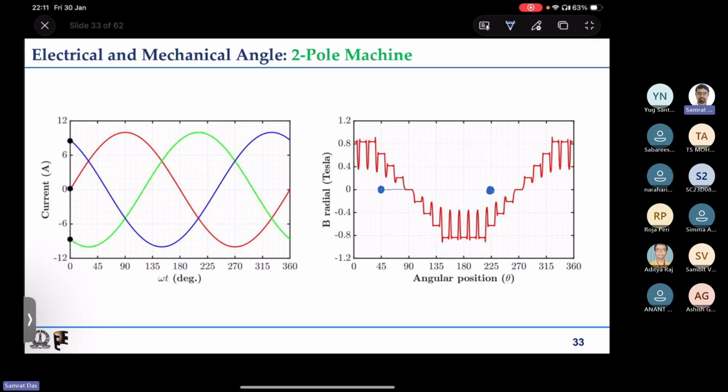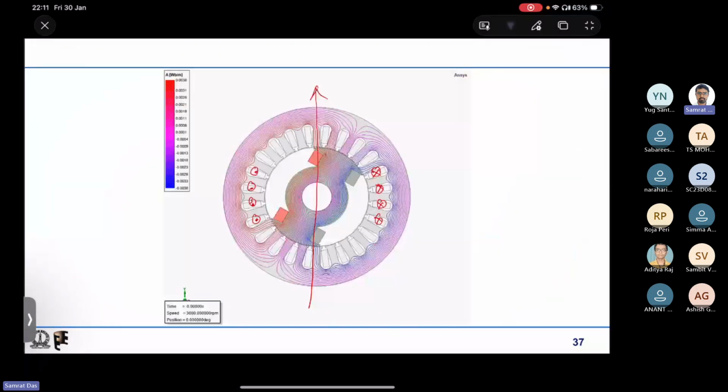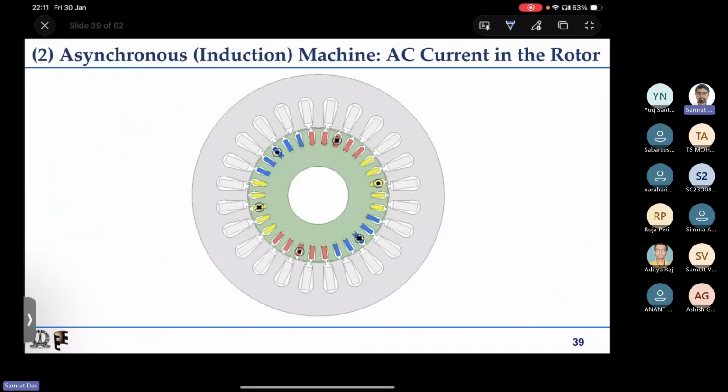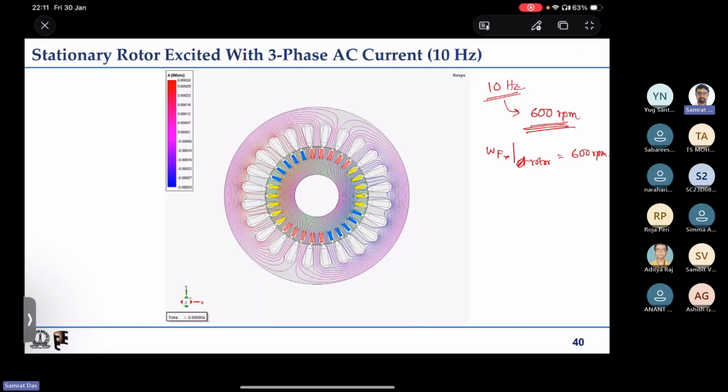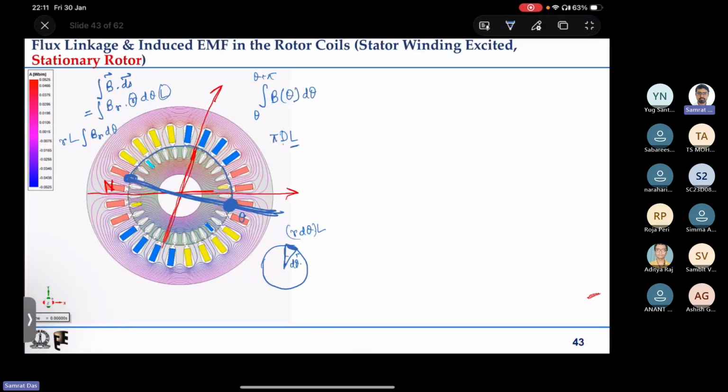So we have to take an integration from 45 degree to 225 degree, and the integration of B over theta for this region will give the flux. If we multiply by R and L, then we will get the flux, and if we multiply by the number of turns also, then we will get the flux linkage.